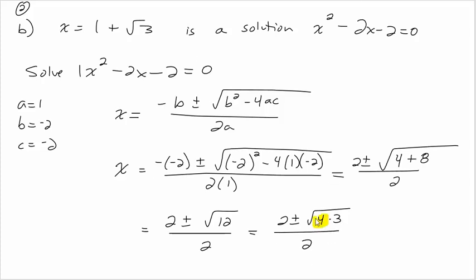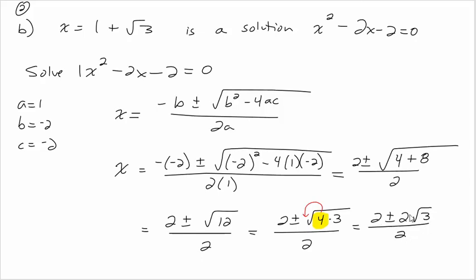And we can take the square root of 4, which is going to be 2. And when we take the square root of 4 and get 2, it's going to go right here in front of the radical. So we're going to have 2 plus or minus, and then this square root of 4 is 2 is going to go right there. The 3 stays under the radical, all divided by 2.